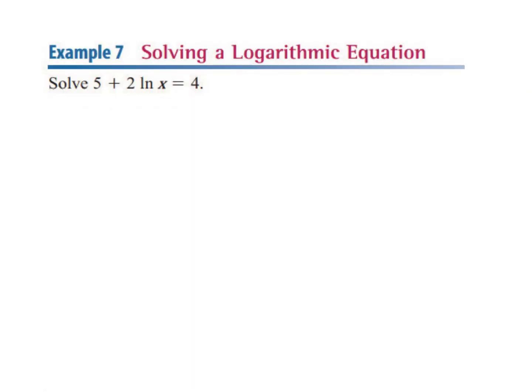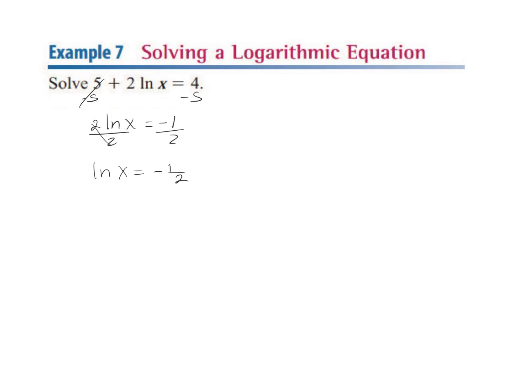So example 7, it says to solve this logarithm equation, we have 5 plus 2 ln x equals 4. First thing I'm going to do is subtract 5. So I'll get 2 ln x is equal to negative 1. I'll then divide by 2, and we get ln of x is equal to negative a half.